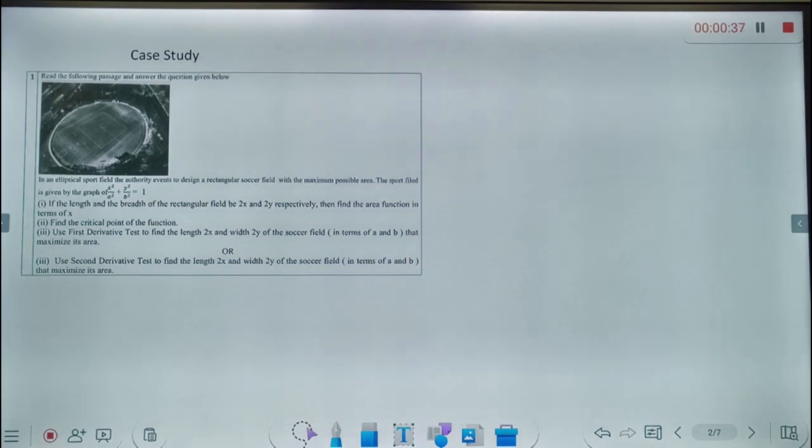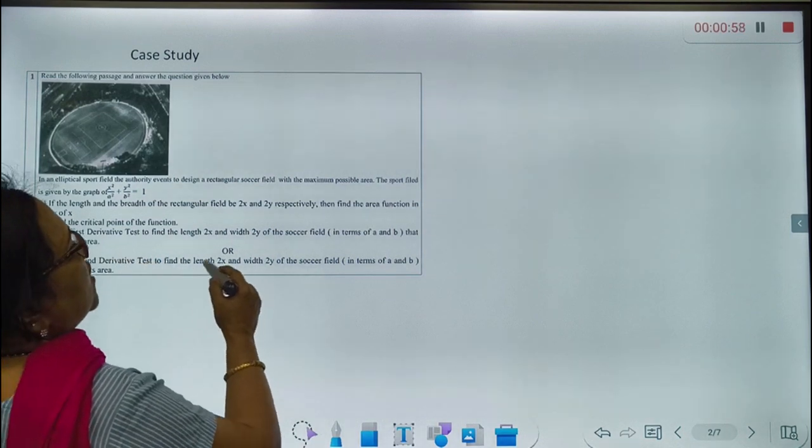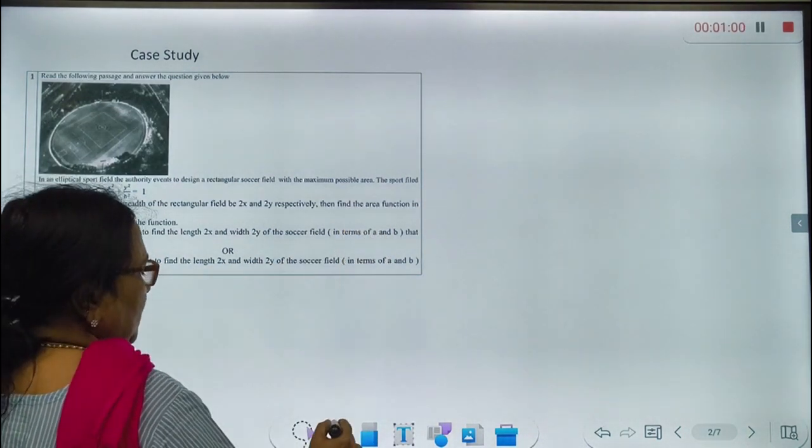Read the following passage and answer the question given below. In an elliptical field, the authority wants to design a rectangular soccer field with a maximum possible area. The sport field is given by the graph of x square by a square plus y square by b square equal to 1.